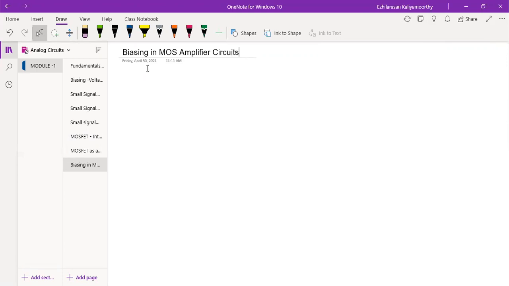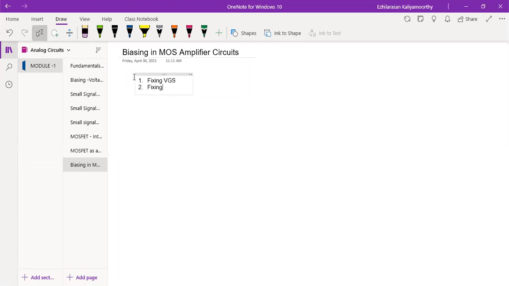What are the different types of biasing techniques? You need to apply a biasing. The first biasing is fixing VGS. Fixing VGS.